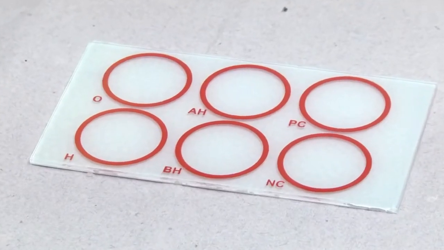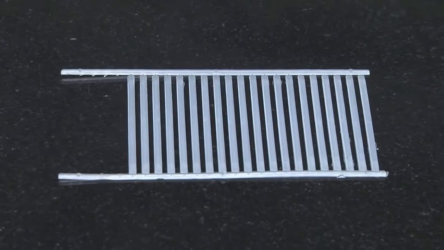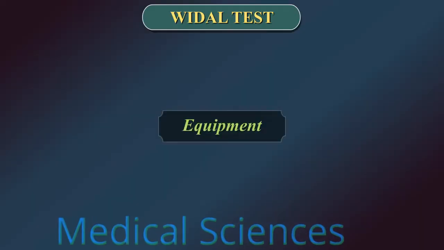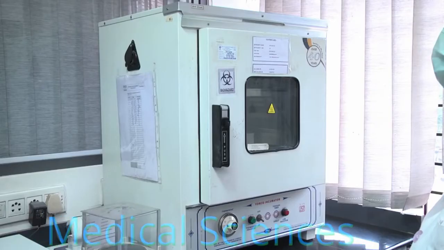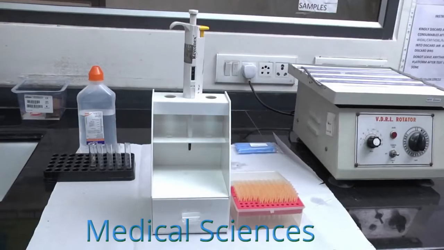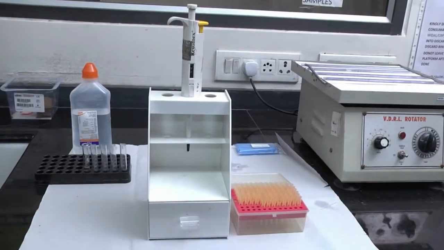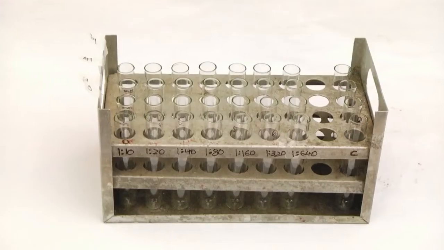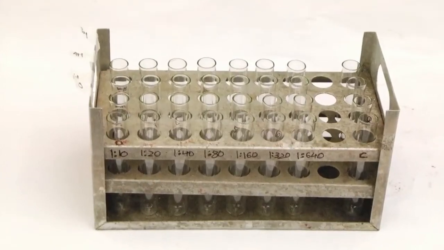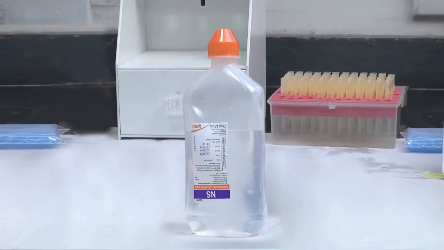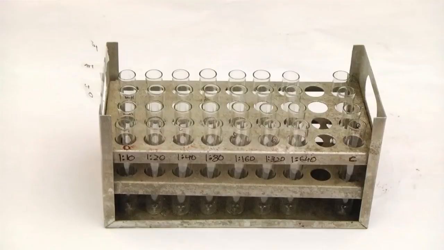Glass slide with 6 reaction circles. Applicator sticks. Equipment: incubator, timer, 0.1 milliliters and 1 milliliter serological pipettes and droppers, 36 Vidal tubes or Kahn tubes for each sample, physiological saline, test tube rack.